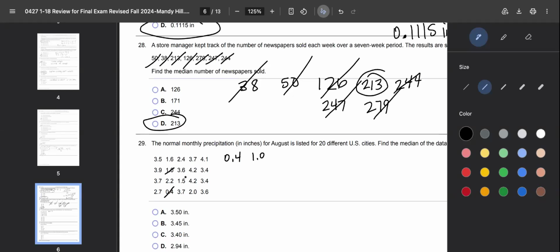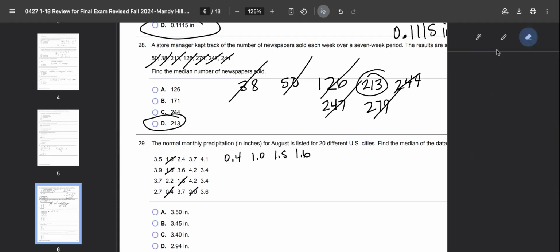I see a 1.0. I see a 1.5 and a 1.6. I think that's all the ones. I see a 2.0. I don't know what I was thinking there.